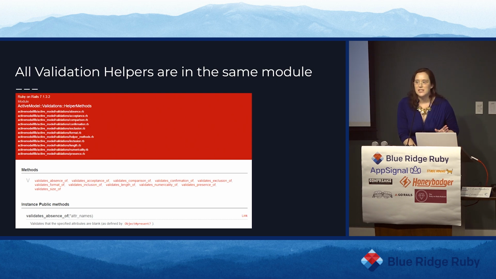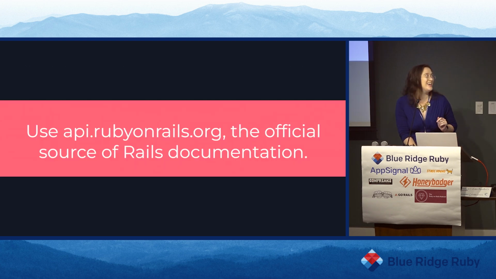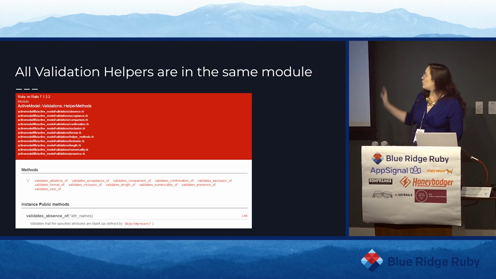Also, if this documentation looks a little unfamiliar to you, you should probably be using api.rubyonrails.org, which is the official source of Rails documentation instead of API doc. So we know that validation helpers are in the same module but sourced from their separate files.